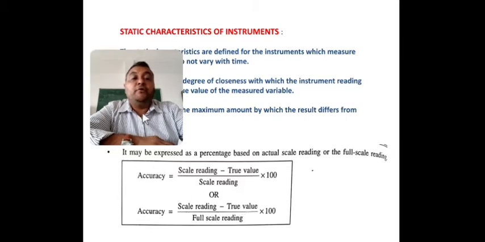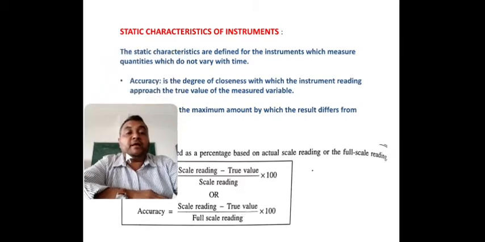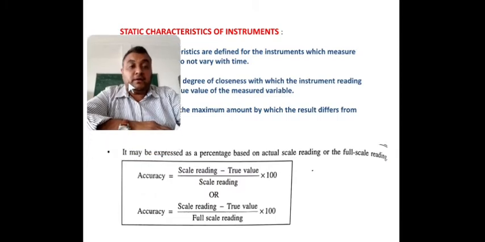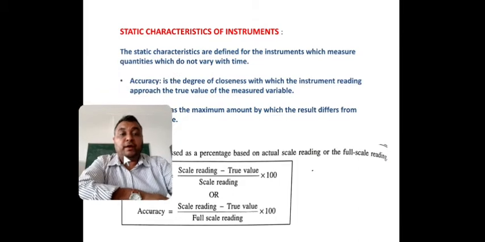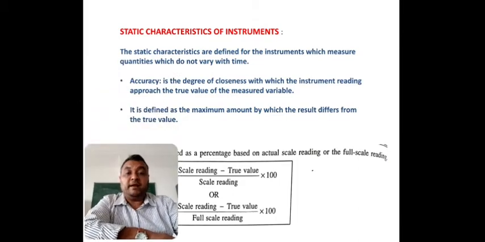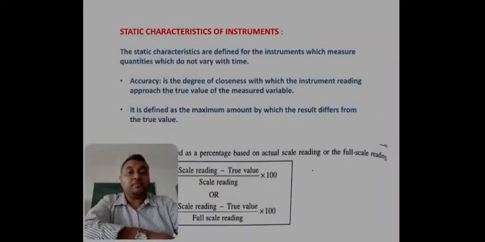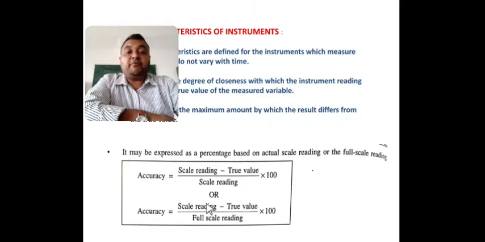Both equations will help you to find the accuracy of a particular instrument. I hope you understood the definition of accuracy and how you can work with this definition. That's how you can find the accuracy with this equation.